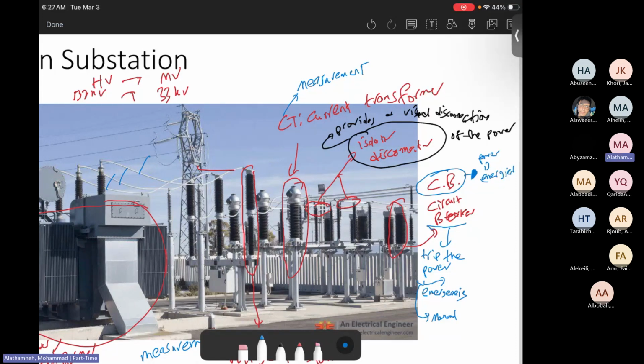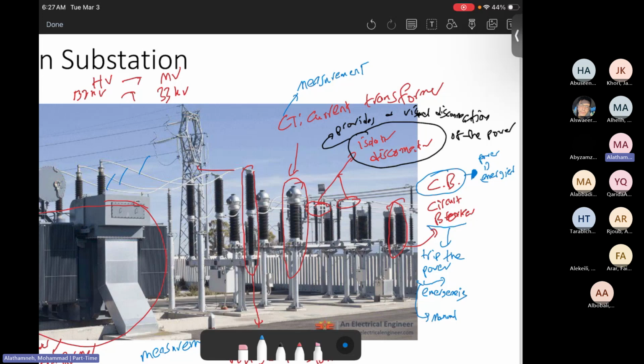So there will be a very high spark when you disconnect the power. The circuit breaker comes inside this cylindrical shape because it's filled with gas or oil that absorbs that spark. Again, we are talking about 132 kilovolts, so the spark will be very large.